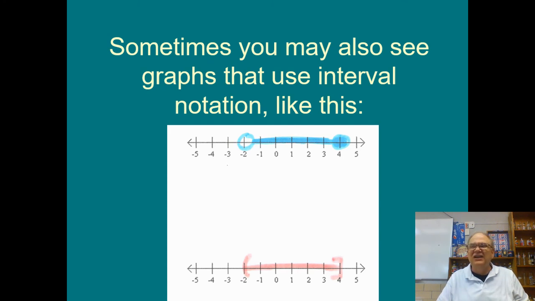Whenever we've had exchange students and they've taken classes at Garrigan, I can always tell where they're from by how they graph on a number line, and everybody in Europe always uses brackets and parentheses instead of circles and dots. It means the exact same thing. If you see a dot, it's the same thing as a bracket. If you see a circle, it's the same thing as parentheses.